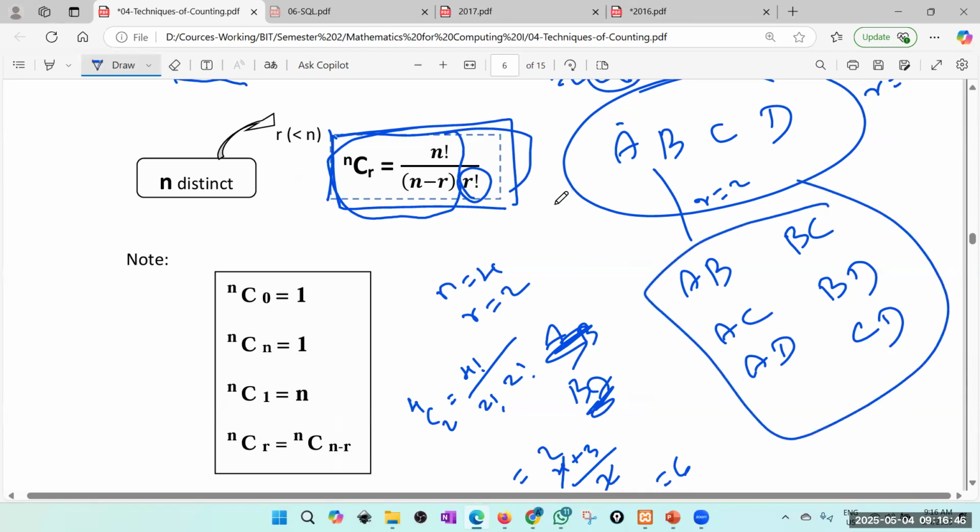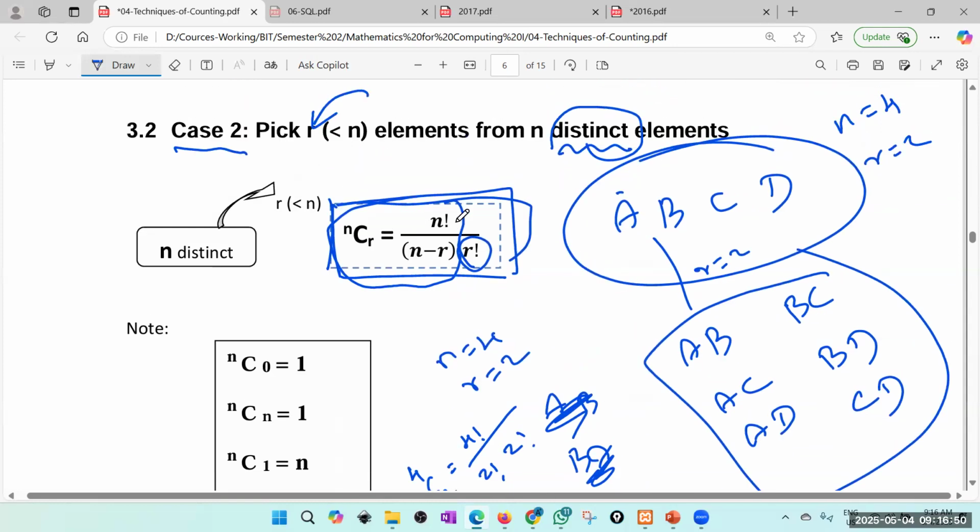Is it clear? So the difference is, in nPr we arrange them, in nCr we select them. Selection is different from arranging. Here we have only AB but no BA, because we don't arrange.